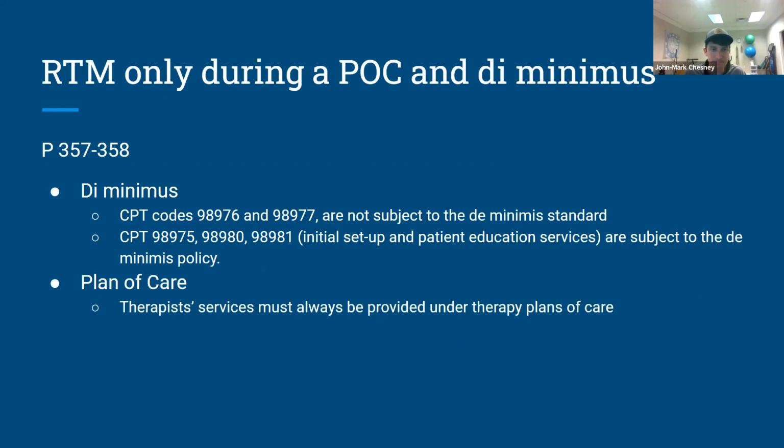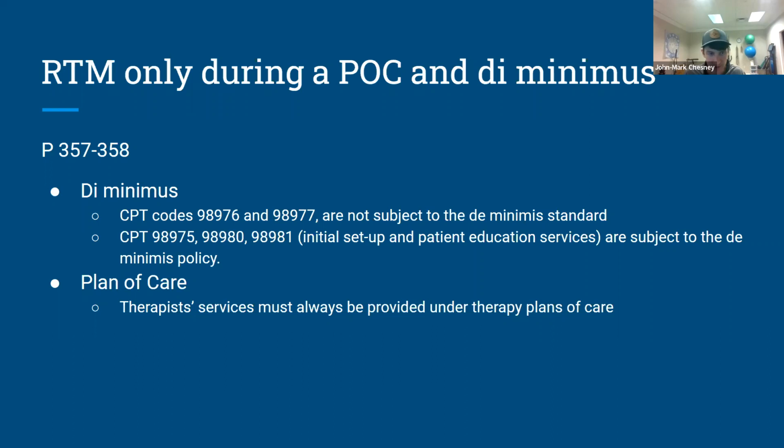With RTM, there are a few other caveats defined in that public record I shared earlier, pages 357 and 355. It explains how the de minimis applies to 98976 and 98977.